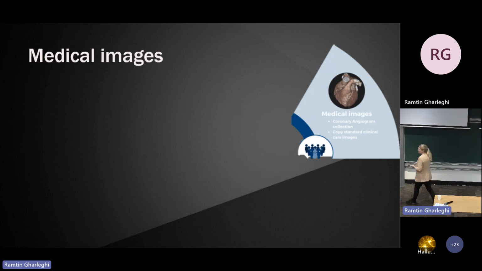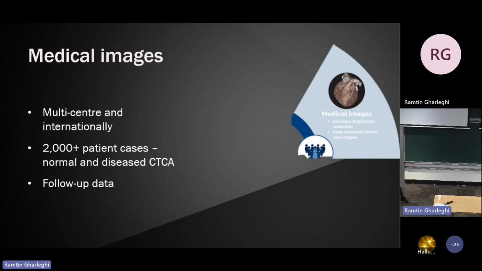This is multi-center, international, and more than 2,000 patient cases, including follow-up data. This is quite interesting because we have patients who came in at some point and then later again, so we can see the disease progression, and of course the clinical health outcome, what happened to these patients. Some of them may have gone on to have heart attacks, died, have had intervention, and so forth.